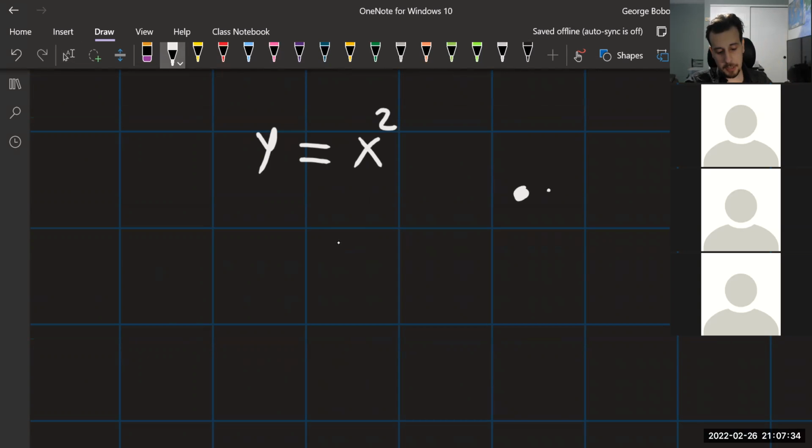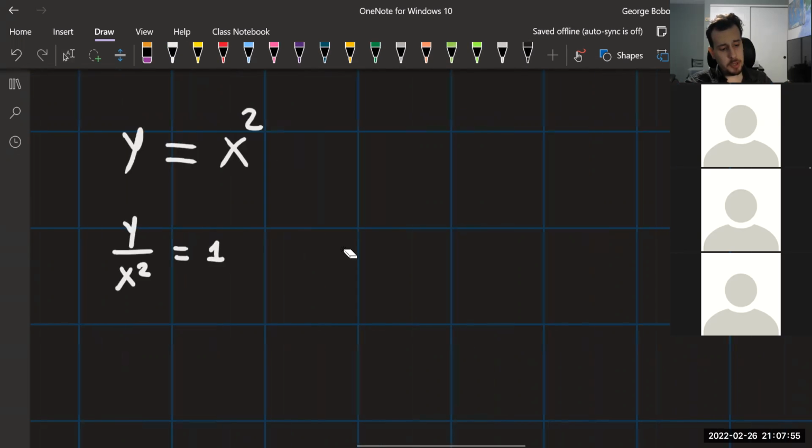Like something again equals 1. I'm helping you a lot here. Is it like y over x squared? Because this equals 1. Huh. And what do you know?